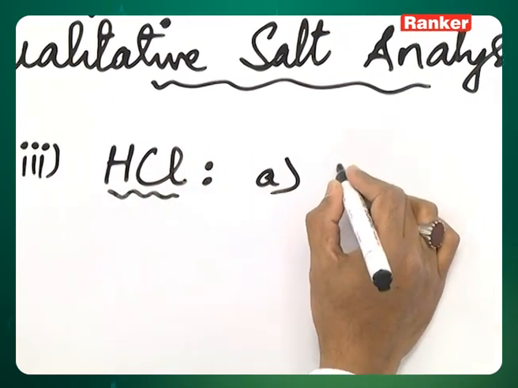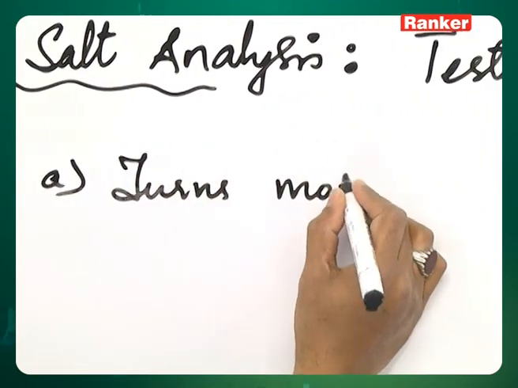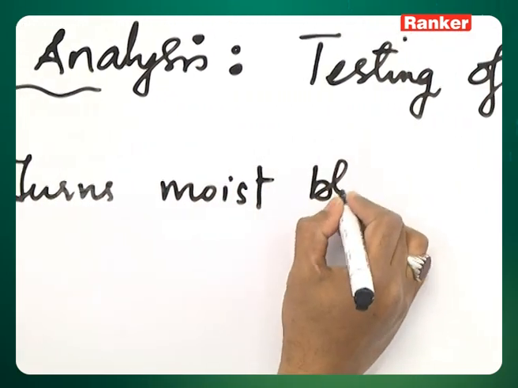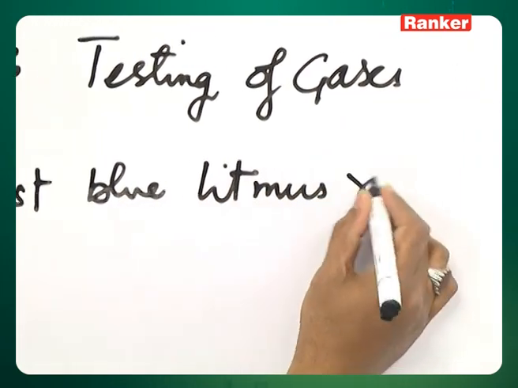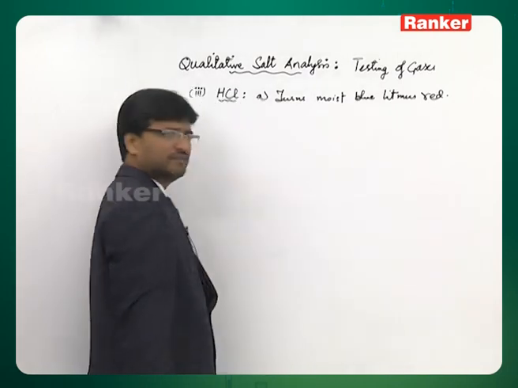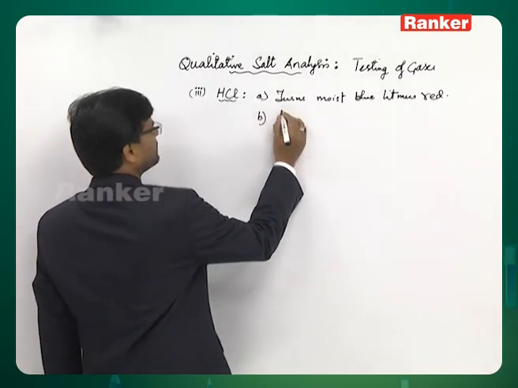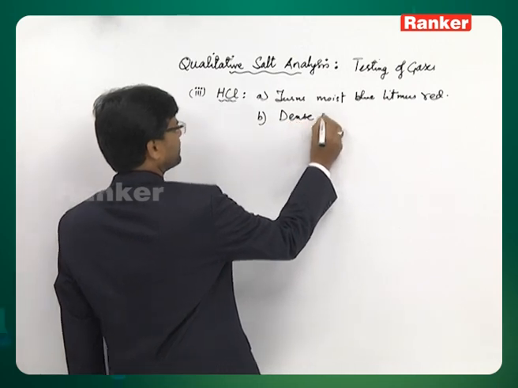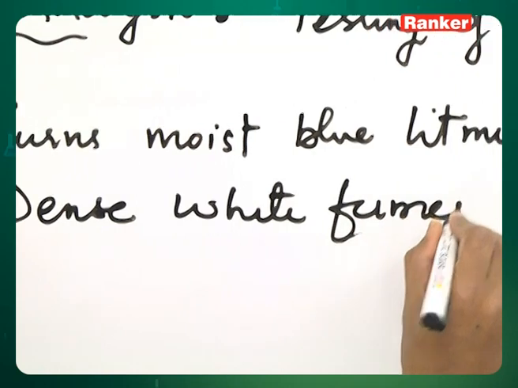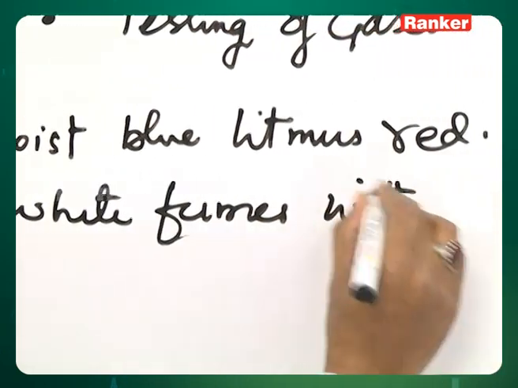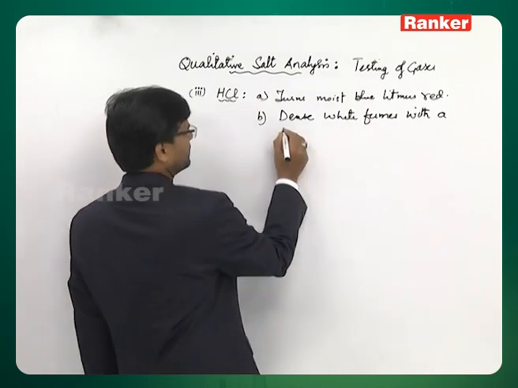A, it turns moist blue litmus red. This is one test for HCl. Apart from this, it produces dense white fumes with a glass rod dipped in ammonia.